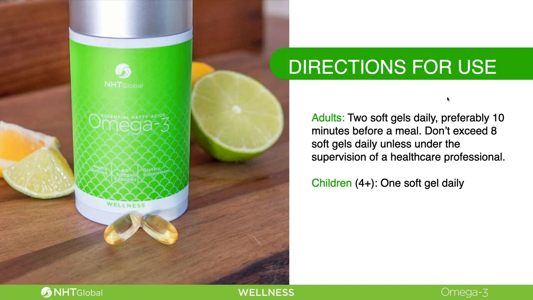But when someone is dealing with more acute issues, we often find people using the 6 soft gel level. If you're focusing on healthy triglyceride levels in your body, usually that's at a 6 soft gel or 3 gram level. That's what's supported by science. 2 to 3 grams, usually 3. That's what your doctor would recommend.